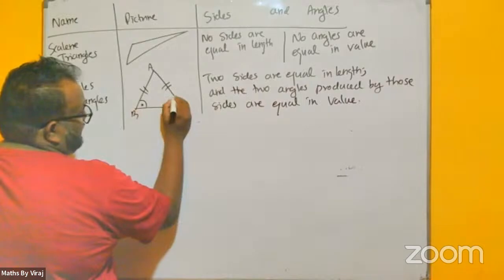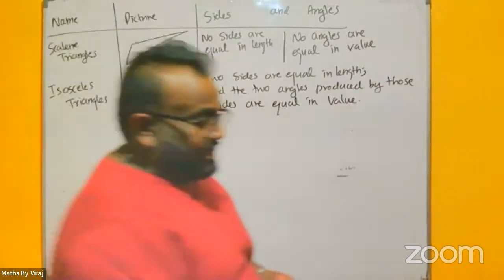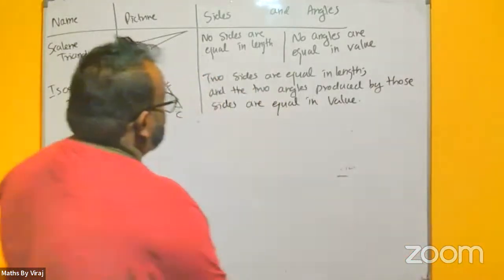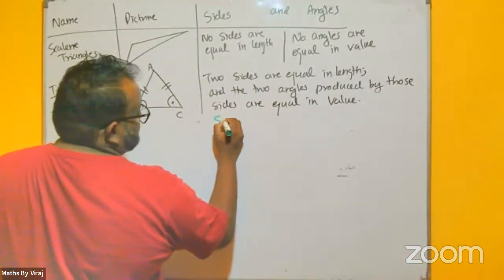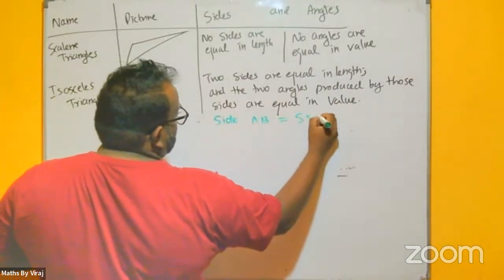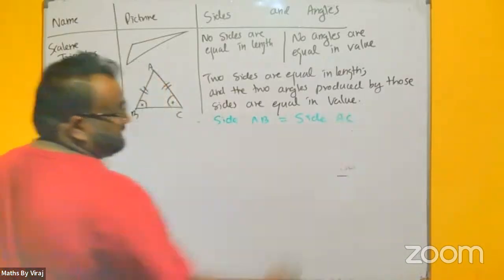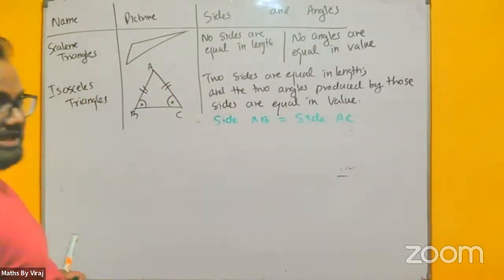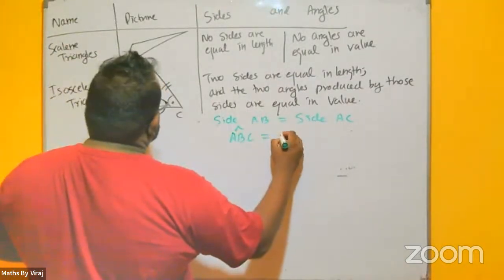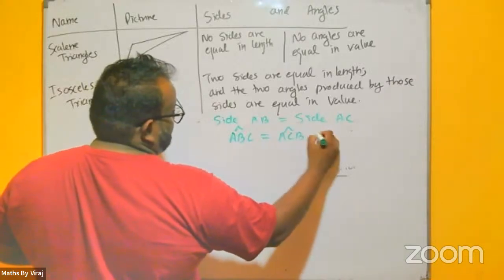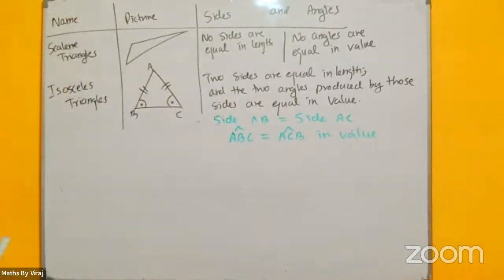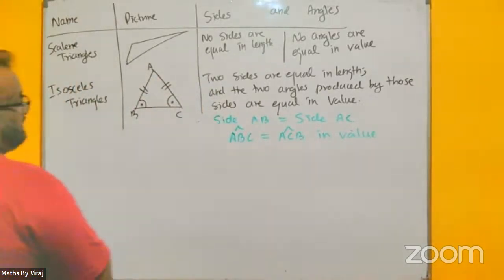These two angles are equal in value, so I'll write it in a different color. Here I can say side AB equals side AC. Angle ABC is equal to angle ACB in value.